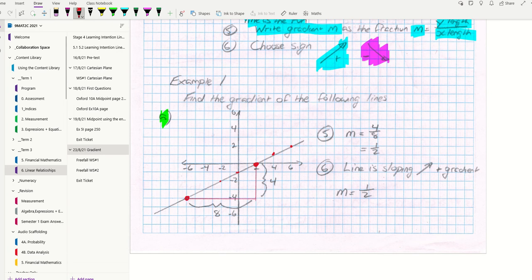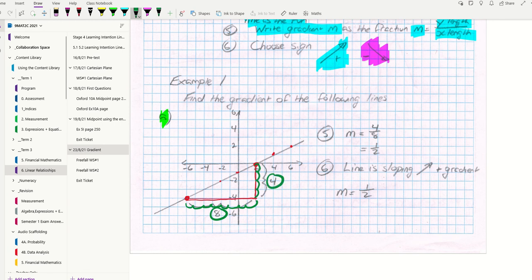And then I drew a triangle underneath and I counted: 1, 2, 3, 4, 5, 6, 7, 8, 8 there, and 1, 2, 3, 4, 4 there.